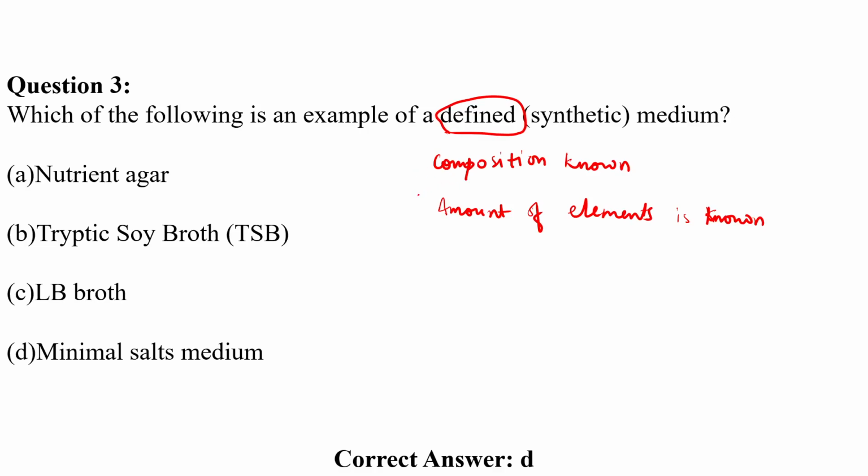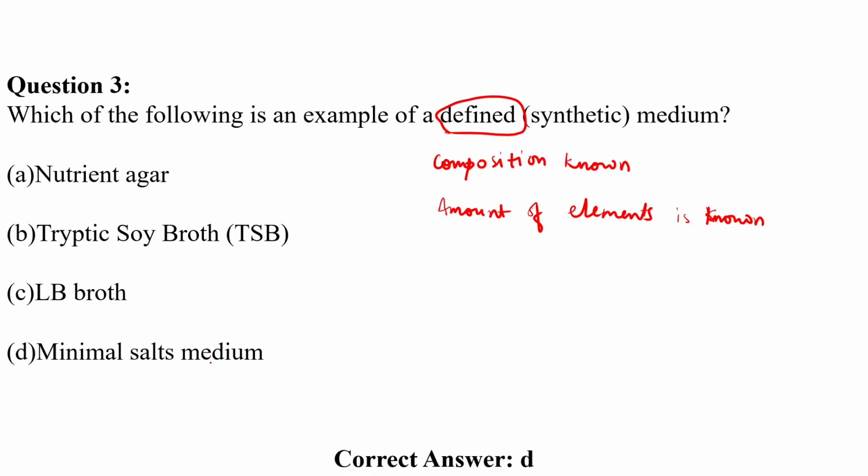Okay, so in the minimal salts medium, we are adding only different kinds of salt. So we are adding, let's say, ammonium chloride for nitrogen source. Then we are adding some carbon source like glucose, let's say, or sucrose. You know the formula of glucose, so you know exactly how much.